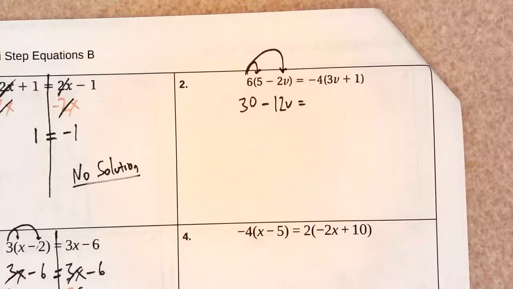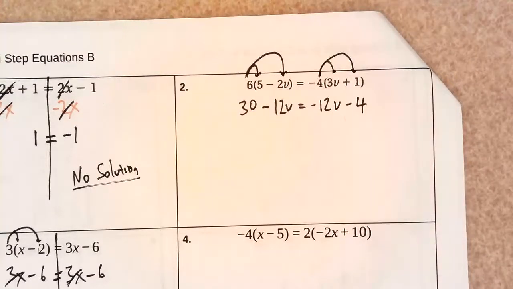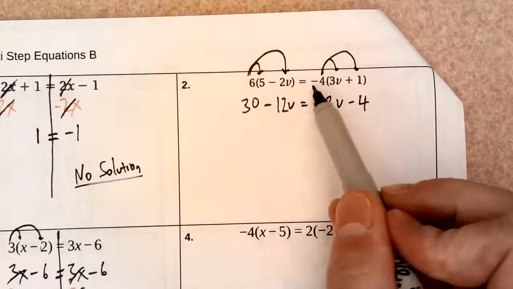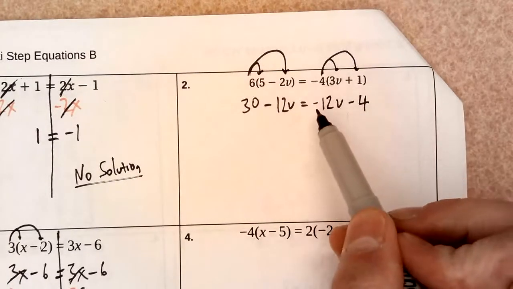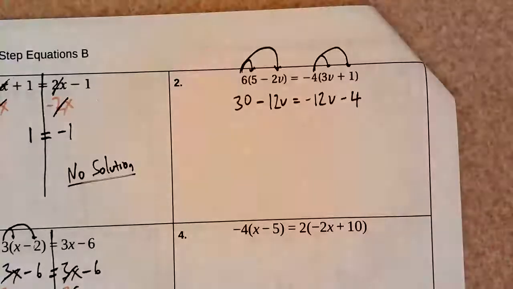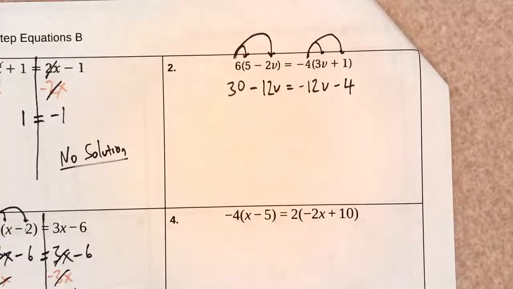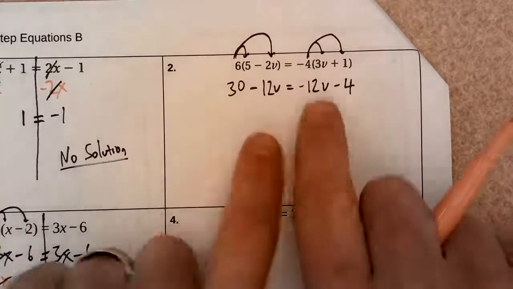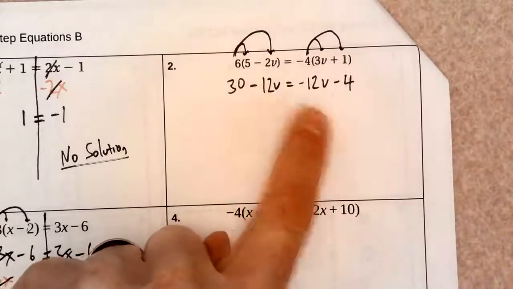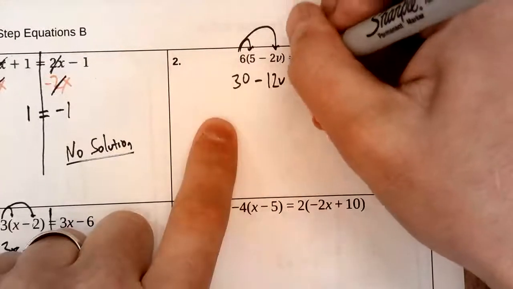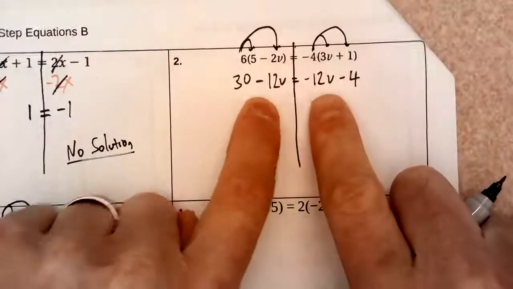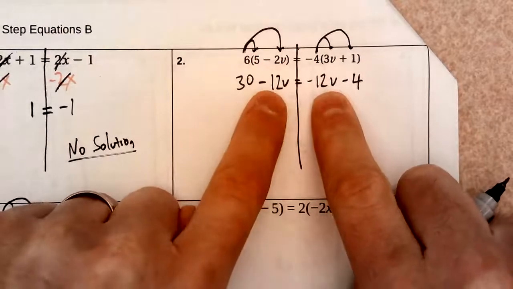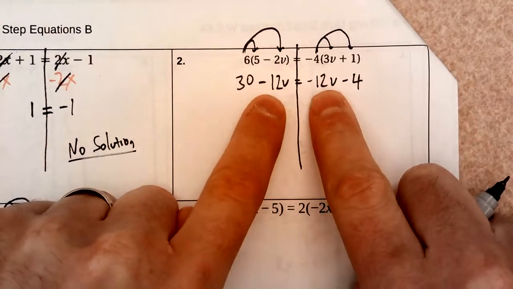Okay, let's use the distributive property on one side. Then let's use the distributive property on the other side, paying close attention to the fact that that was negative 4, so both of these items should be negative. At this point, if you notice there's a variable term on both sides and it's the same variable term, they're both negative 12v, that's good.